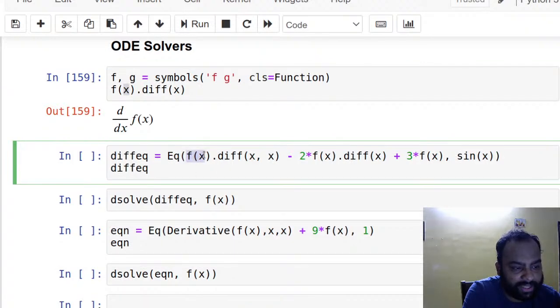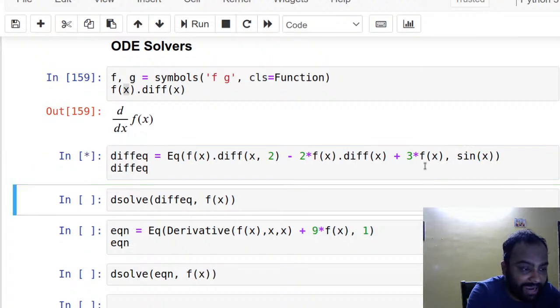So look at this one. What does this one mean? This one means that I am differentiating f(x) with respect to x twice. So this is the same as saying this. We are differentiating f(x) with respect to x twice, subtracting twice the derivative of f(x) and adding 3 times f(x), and we are making that equal to sine x.